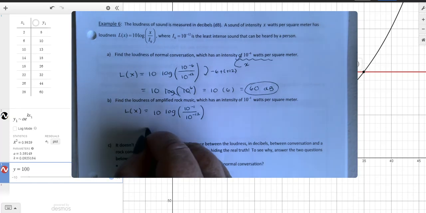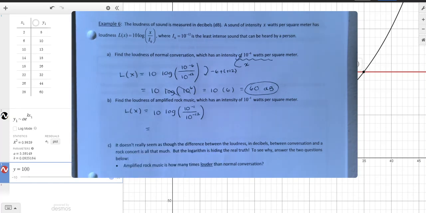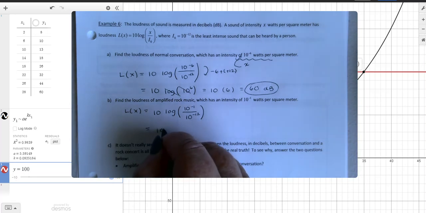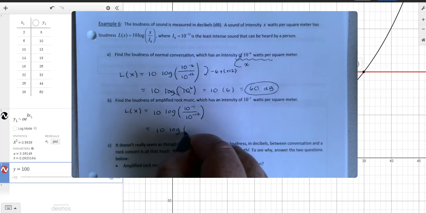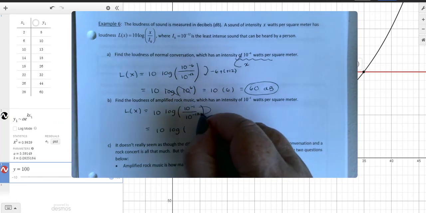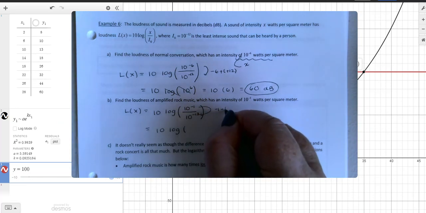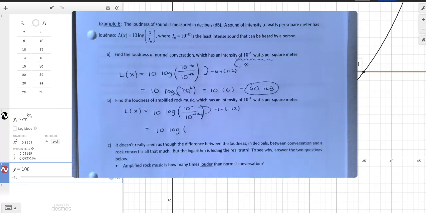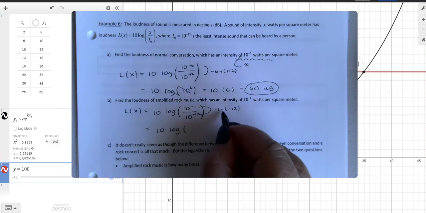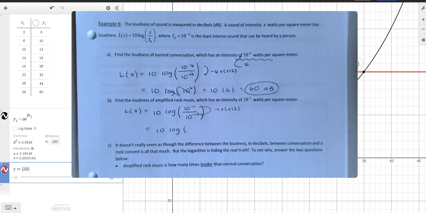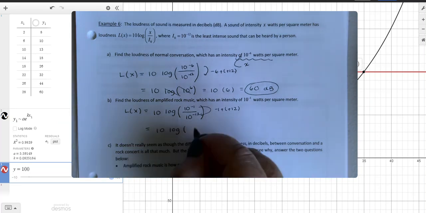And once again, just for a little practice, let's do this by hand. Not that the calculator wouldn't do it, of course, just as well. So that would be 10 times the log of, subtracting these exponents, negative 1 minus a negative 12 is negative 1 plus 12, so 10 to the 11th power.